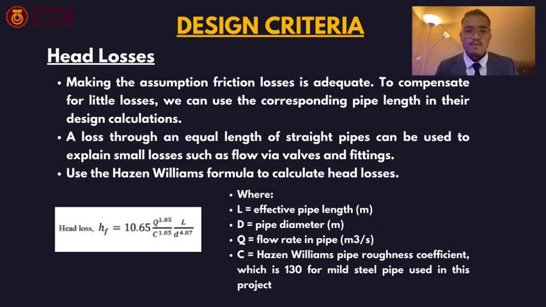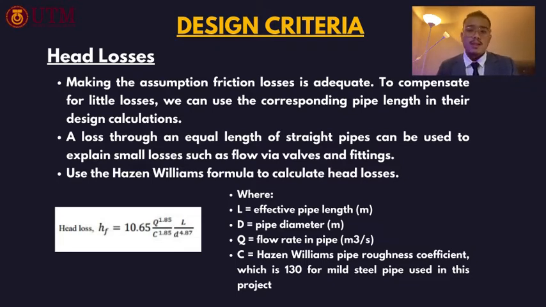Design criteria for the head losses is the last one. Head losses, making the assumption that friction losses are adequate. To compensate for minor losses, we can use the equivalent pipe length in the design calculations. A loss through an equal length of the straight pipe can be used to explain minor losses such as flow via valve and fitting.